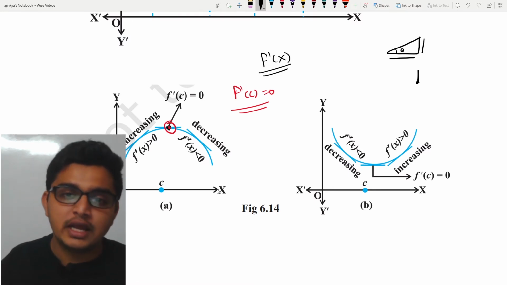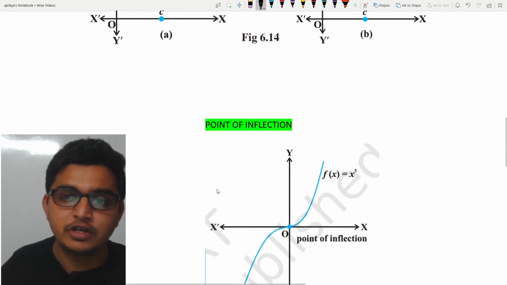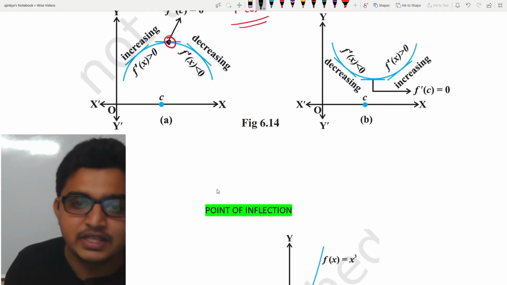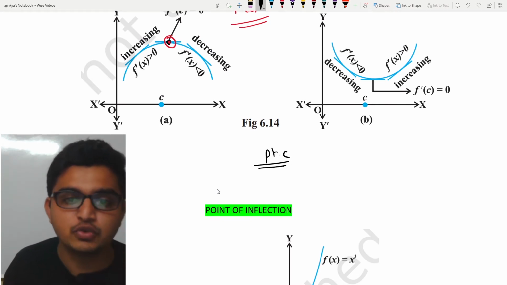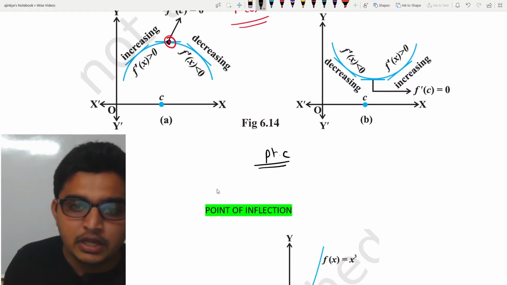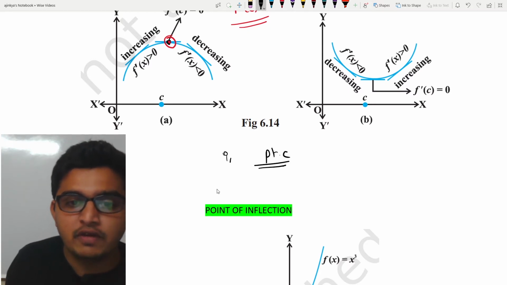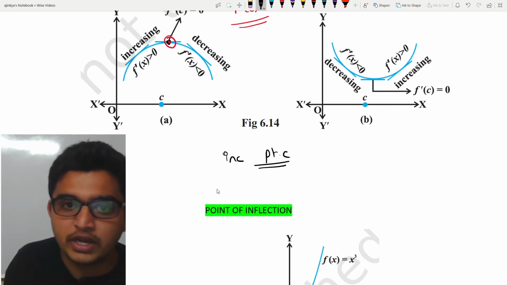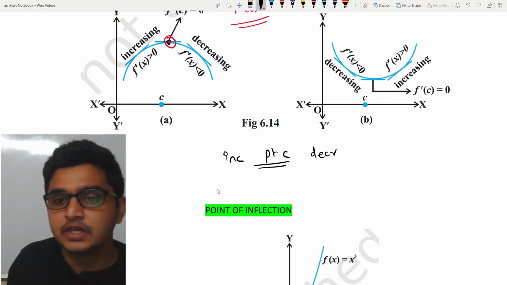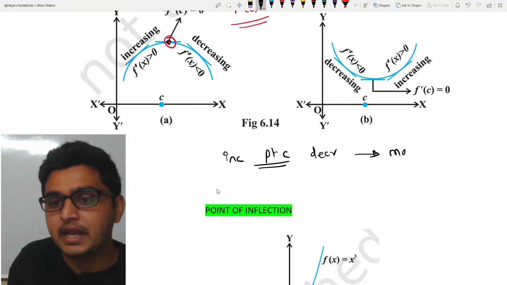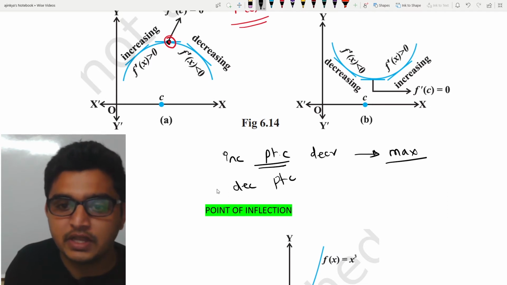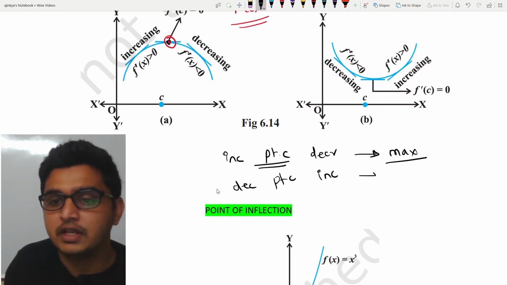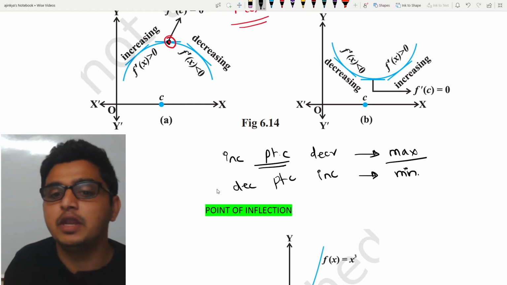So in short, I'll simplify it: when there is a point, let's say the point is C, if towards the left of it you have an increasing function and to the right of it you have a decreasing function, then that point is at maximum. And the opposite, if the point C has a decreasing function towards the left and an increasing function towards the right, it is a minimum point.